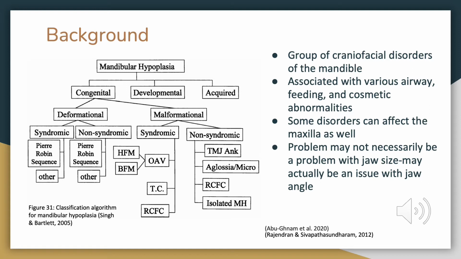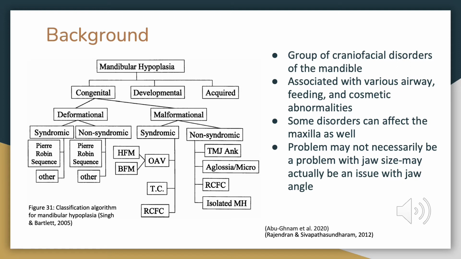Pierre-Robin sequence is really just isolated to jaw abnormalities and upper airway issues. And if it's Pierre-Robin syndrome, it actually involves other organs. And Pierre-Robin syndrome is really a triad of an underdeveloped jaw, a backward displaced tongue, as well as upper airway obstruction. And this one is often associated with cleft palate as well.